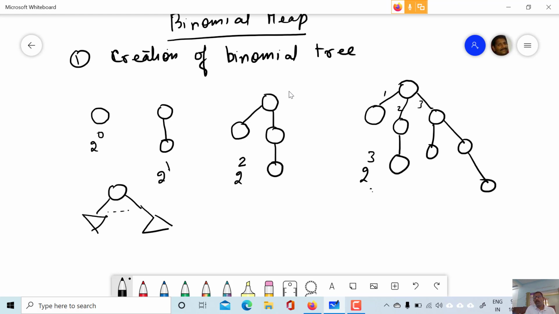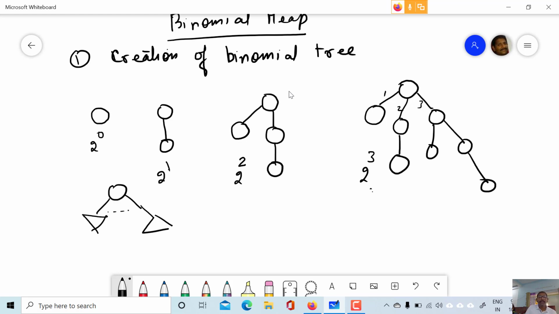You can also see this by the power. Degree is equal to the power. Here there are 3 edges, so the degree is 3, so the power is 3. In this case, there are 2 edges, degree is 2 and power is 2. In this case also 1 edge and the power is 1. No edge, or 0, so the power is 0.